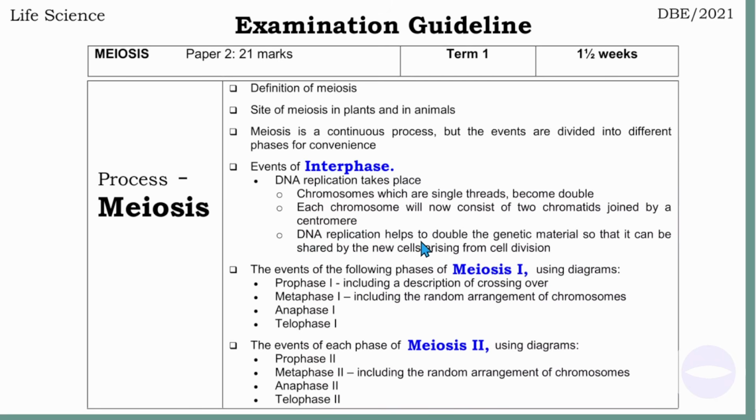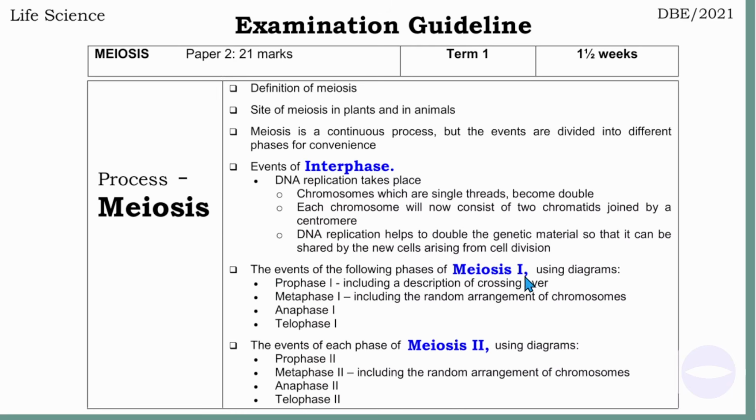DNA replication helps to double the genetic material so that it can be shared by the new cells arising from cell division. So this is the purpose of DNA replication. It doubles the genetic material so that it can be shared by the new cells arising from mitosis or meiosis. And then we have the events of meiosis.